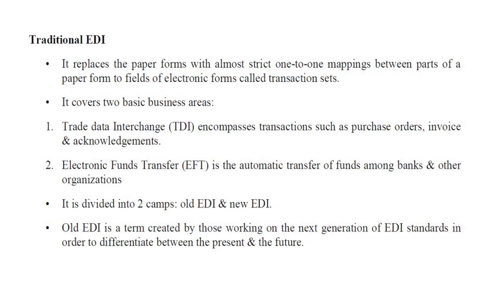So it is in the form of physical forms which we are filling up for the transactions, either payment voucher, receipt voucher, purchase order form, sales order form, invoice, like that. So it covers two basic business areas.